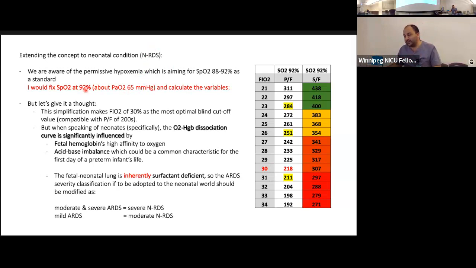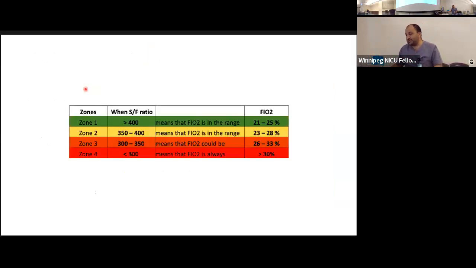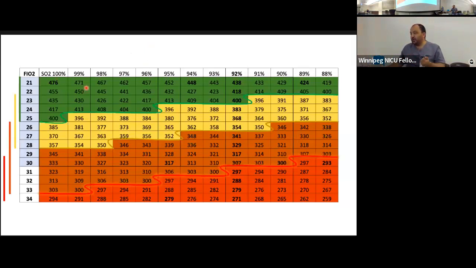But why did I suggest the 29%? If we go back to this zone, we are accepting saturation in what we can define as the permissive hypoxia region, which is acceptable for long-term outcome. But when I speak about the oxygenation status that I want to correct, I would not agree that, okay, this baby is on FiO2, let's say 28 or 26%, and the SF ratio is 350, so no need to give surfactant, for example, or no need to escalate my treatment.